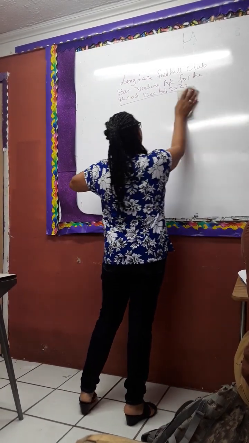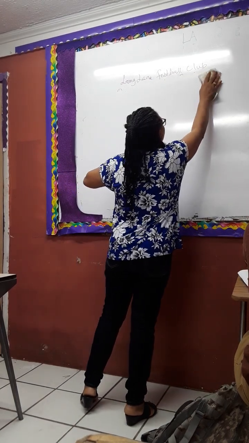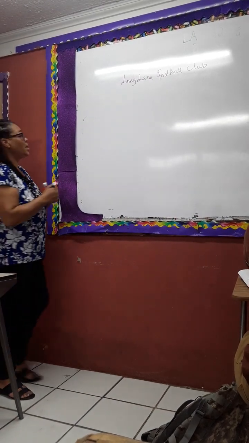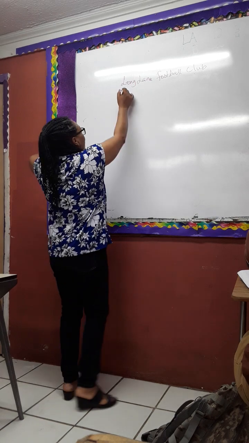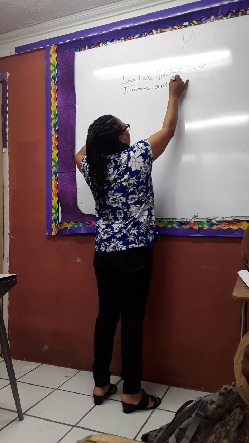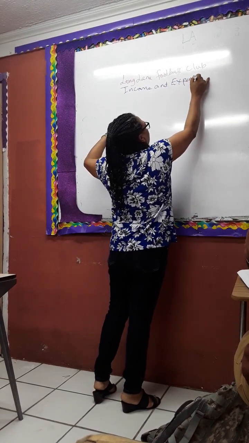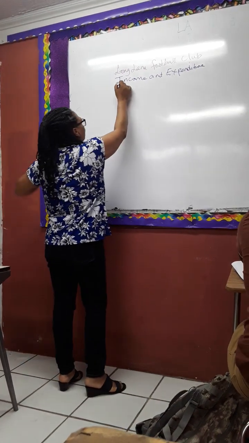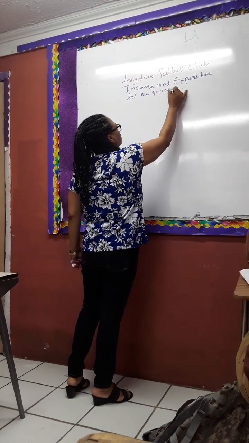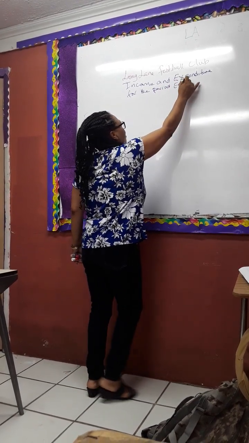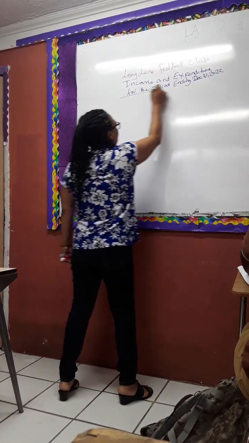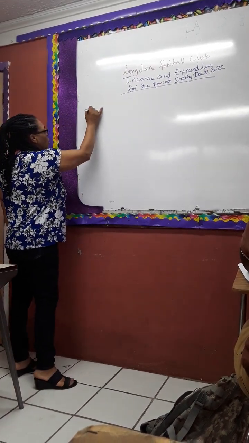I'm going to let Long Lane Football Club stay right there, and all I'm going to say now is the income and expenditure account, for the period ending December 31st, 2022.